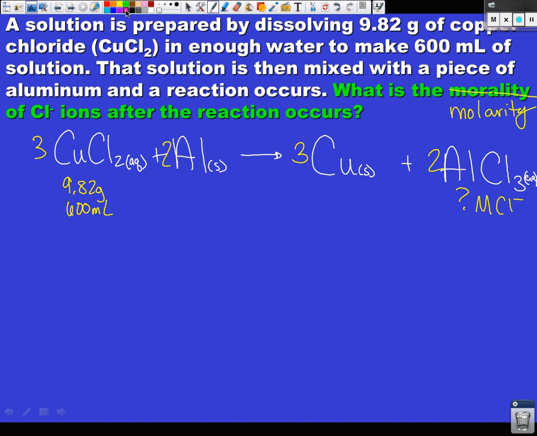So here's what we've got to do. Let me change this to orange. 9.82 grams of CuCl2. Would you agree with that? Now, I know I don't need that grams unit, so I can put it on the bottom. CuCl2. Agree or disagree? Now, can I go from grams of that to moles of that?